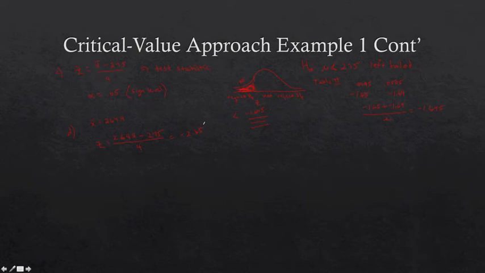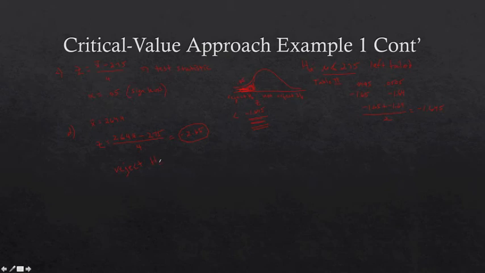So my question to you is, are we accepting the null or are we rejecting the null? Well, negative 2.65 is less than our critical value. We know less than. We got that from the original part of the problem, from the alternative here. So because of that, we are going to reject the null.